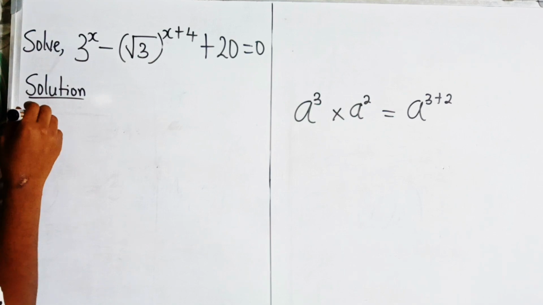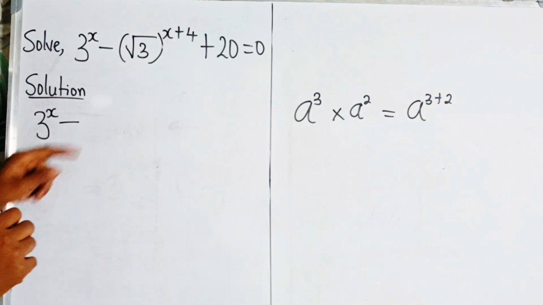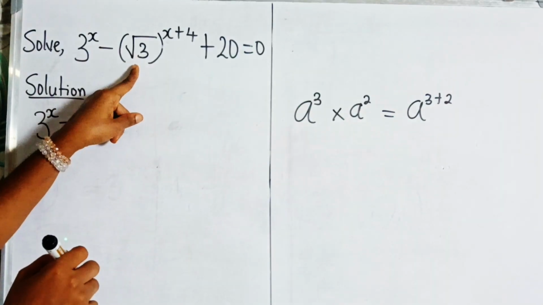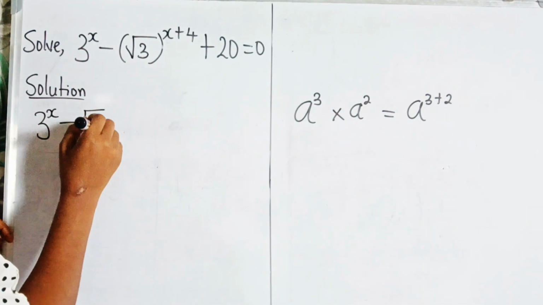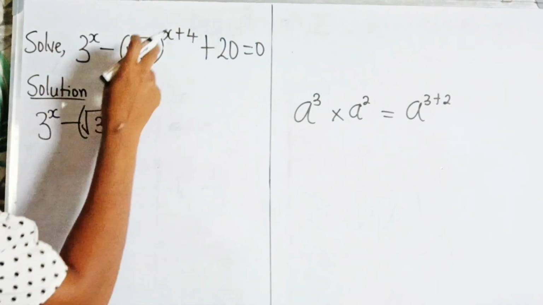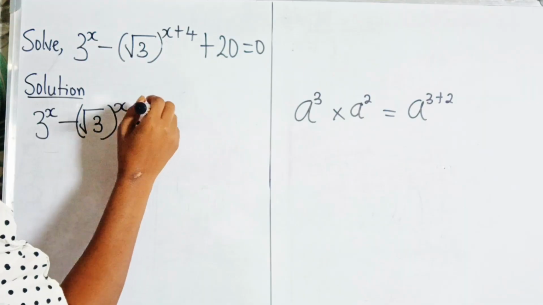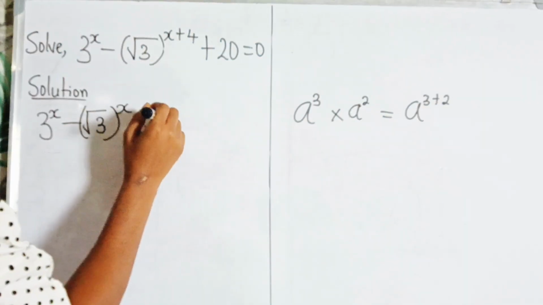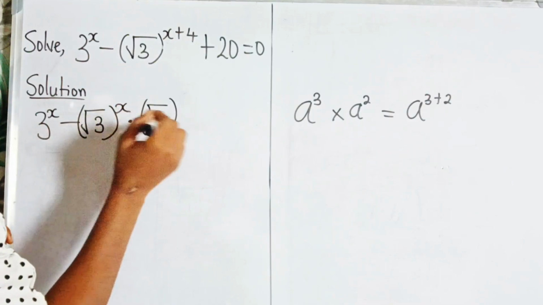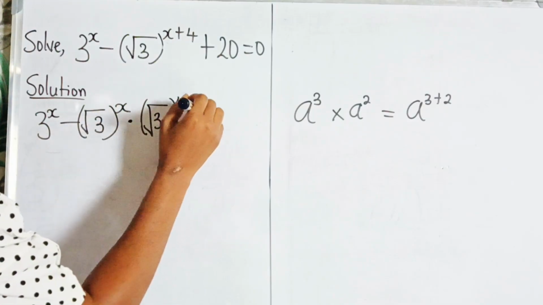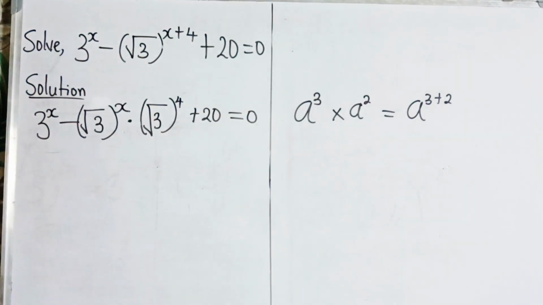Here we have 3^x minus, so I'm going to separate this base, minus the square root of 3^x times the square root of 3^4, plus 20, and this is equal to 0.